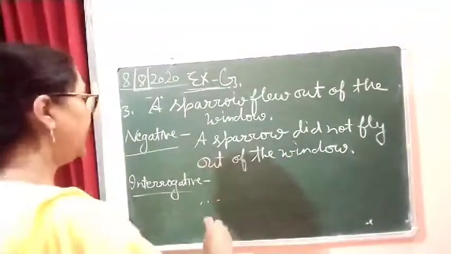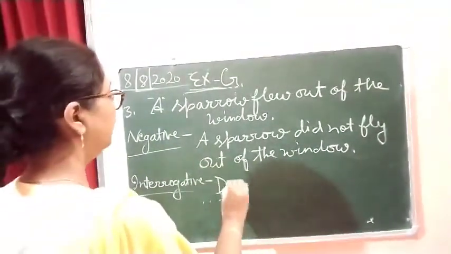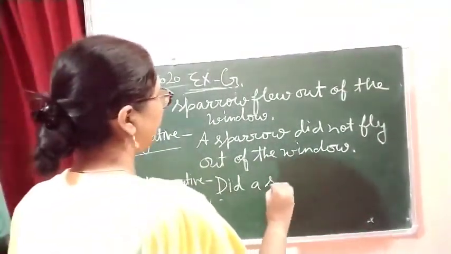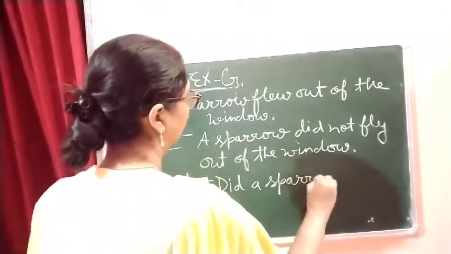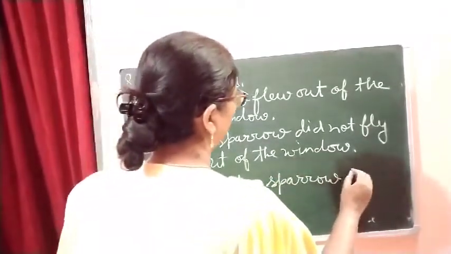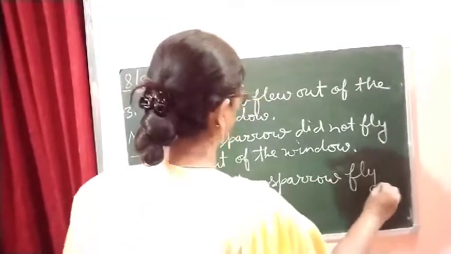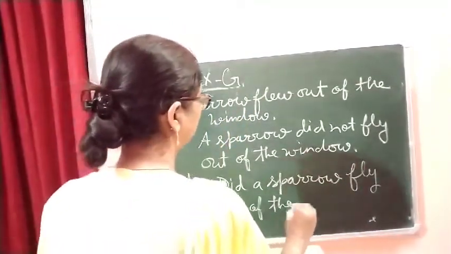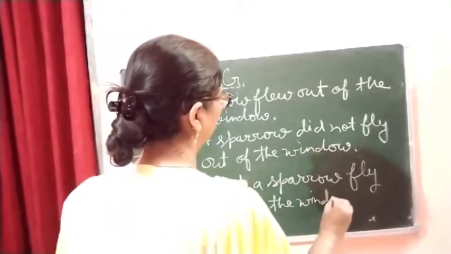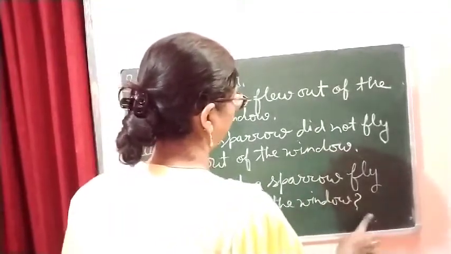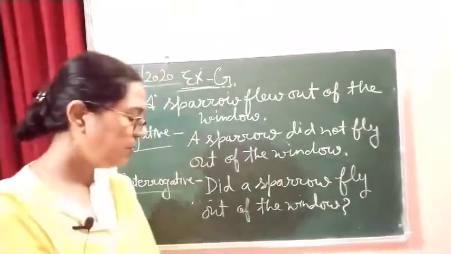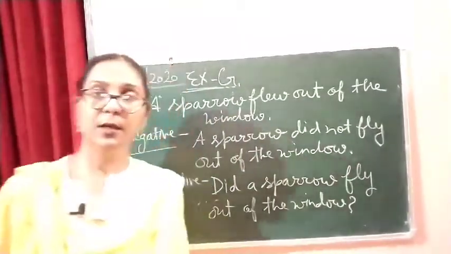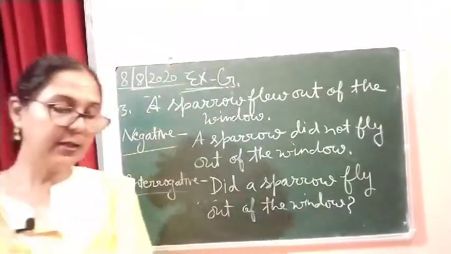Interrogative, we are going to make, did a sparrow fly out of the window? So this way we have completed number 3 of the exercise.